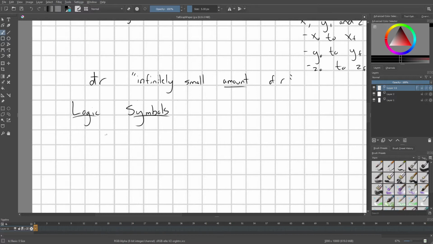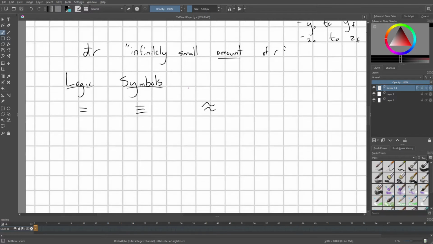So the only ones that I'm really going to talk about are the equals, this little triple equals thing, and this guy. So the left, we already all know that this is just equals. The middle, whenever I use this, this is a definition. This translates to is defined as.